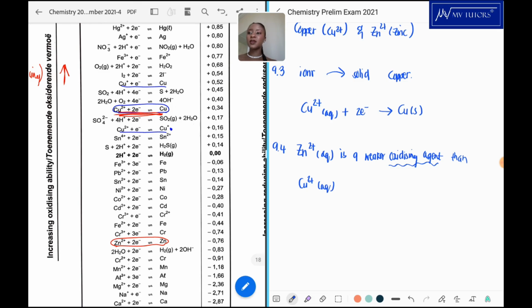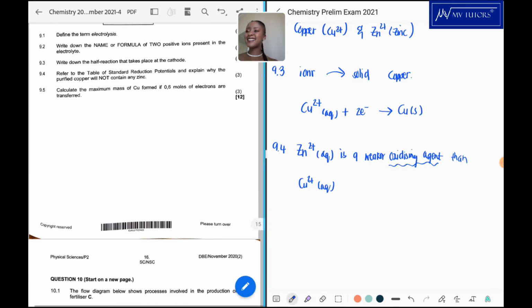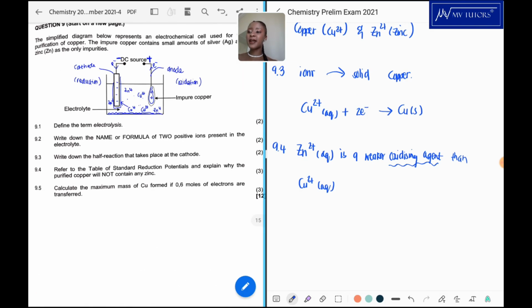Let's go back to the question. That is why the purified copper will not contain any zinc. Zinc is a weaker oxidizing agent than copper, and therefore it will not reduce to zinc. So you will not find patches of zinc on your purified copper. Now you have an impure copper again? No, it won't.